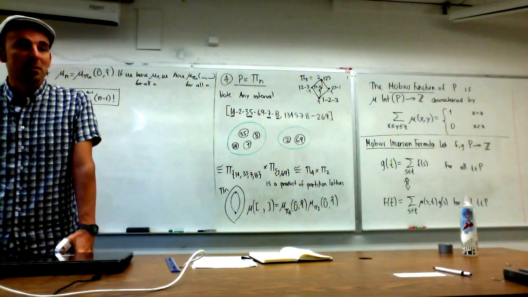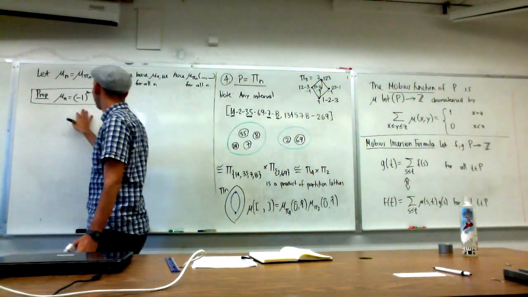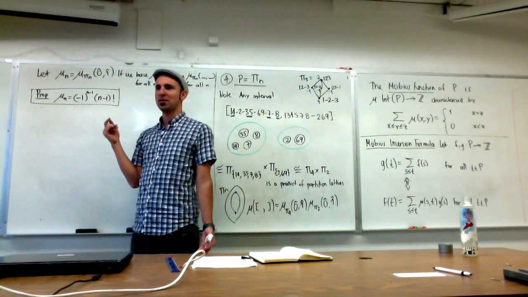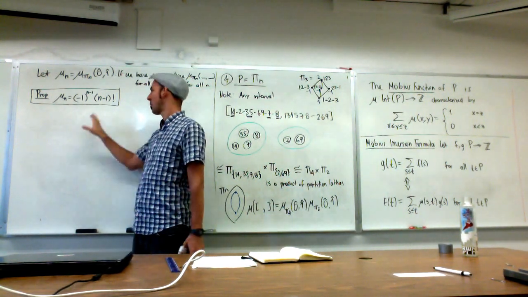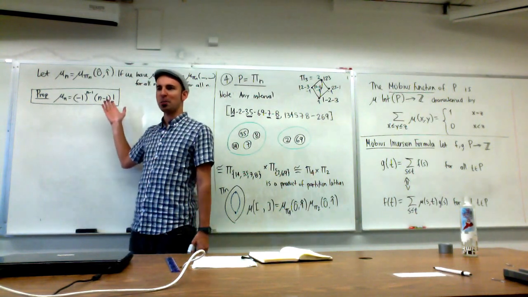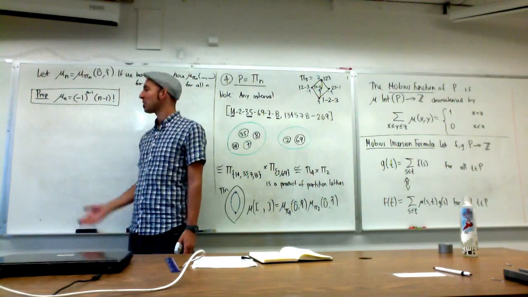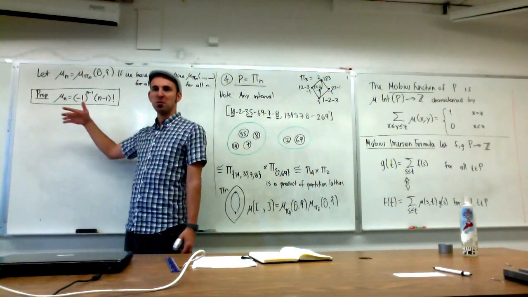I mean, the formula is nice and simple, but the trouble is that we know how to prove things are equal to n minus 1 factorial by saying, well, you're just counting something. But we don't really know that the Moebius function counts anything.